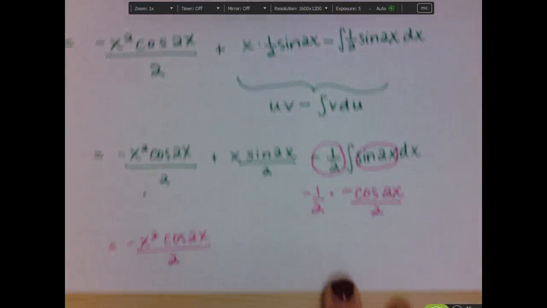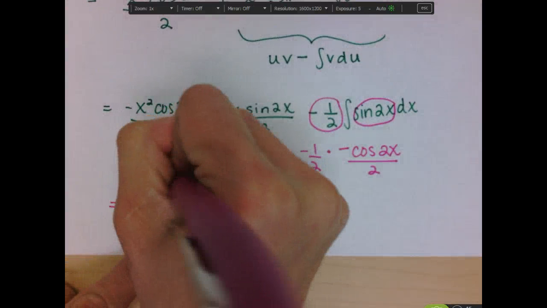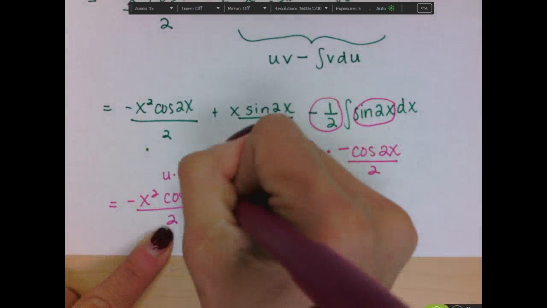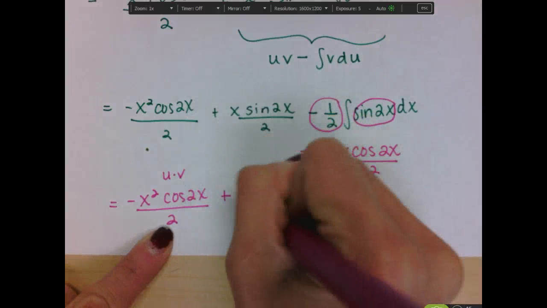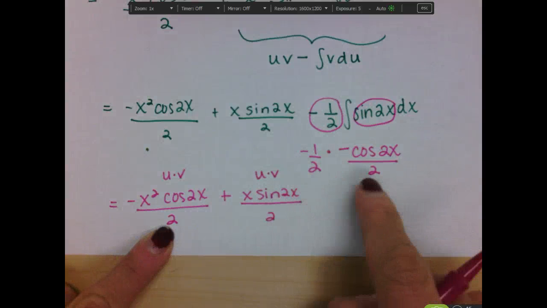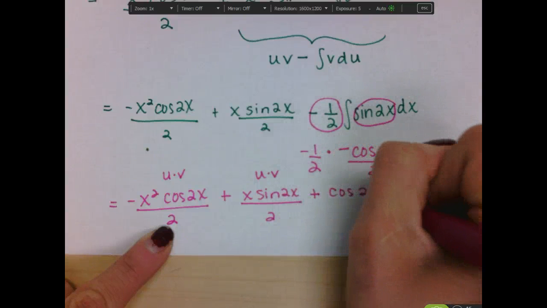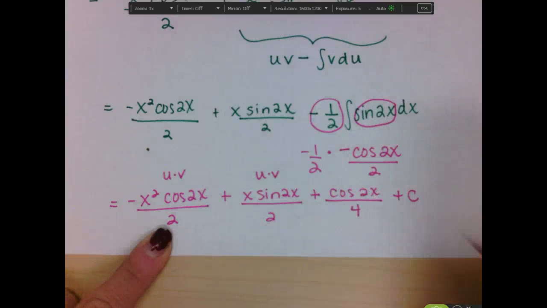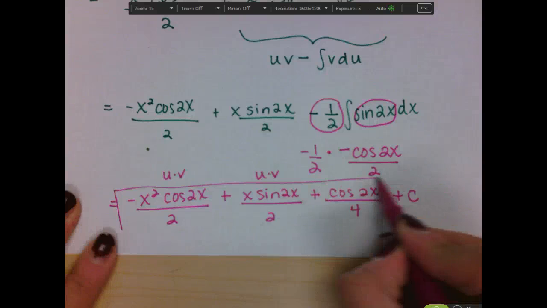So I've got my first term, which came from u times v in my original integration by parts process. I've got my second term, which is also u times v in my second round of integration by parts. And then my third term is going to be plus the cosine of 2x over 4, with my fourth term being to add c. And there we go.